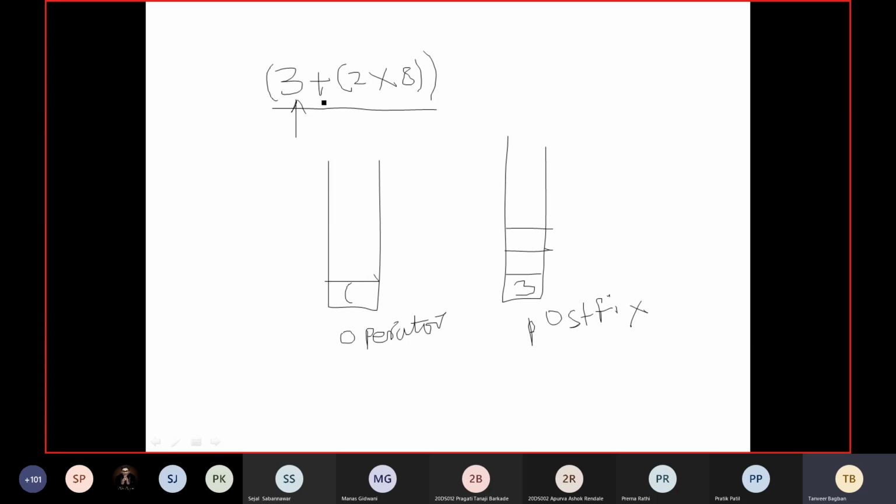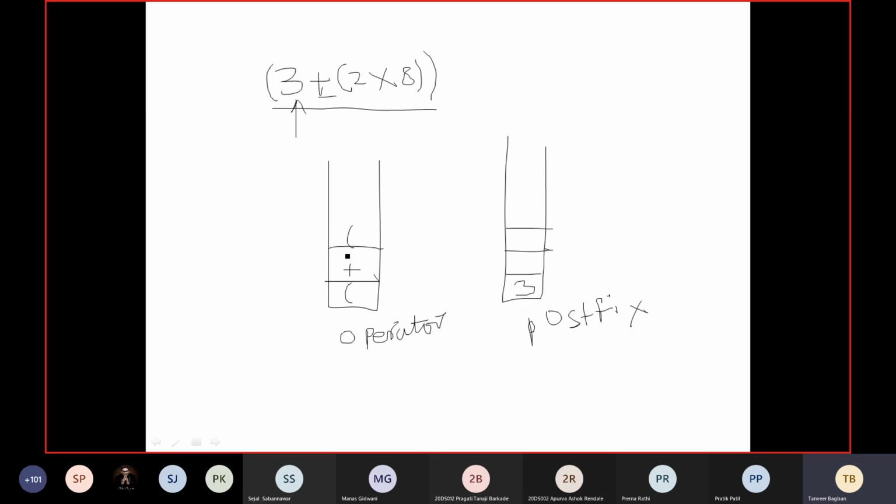Now after 3, what you read is plus. Now push plus into the operator stack. Now again, you read the parenthesis. So push it into the operator stack. Then remember, multiplication should come first in the postfix.